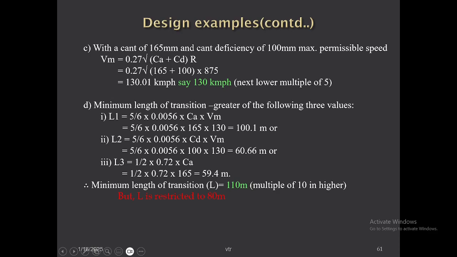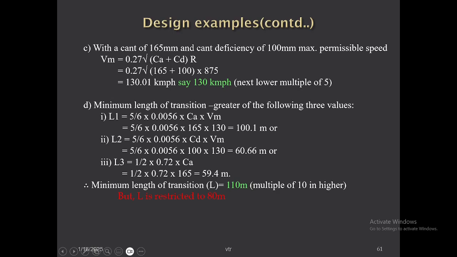However, for this condition we calculate with the actual cant and permitted cant deficiency, using the relation 0.27 root of (CA plus CD) into R. That comes to around 130.01, say 130 kmph, again rounding down to a multiple of 5.